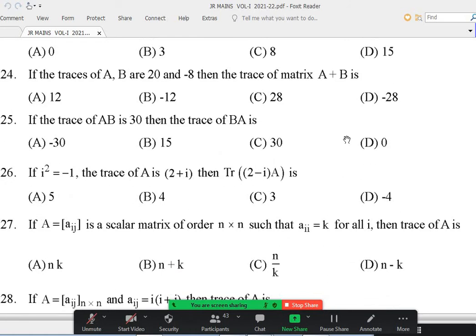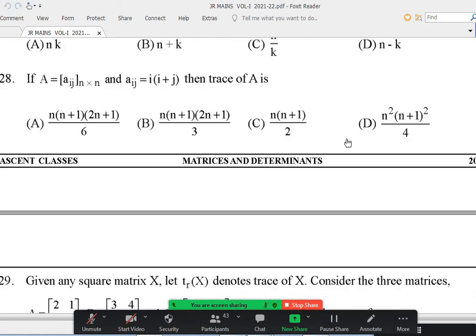No doubt. Yeah, 28 is just a little bit about progressions only.